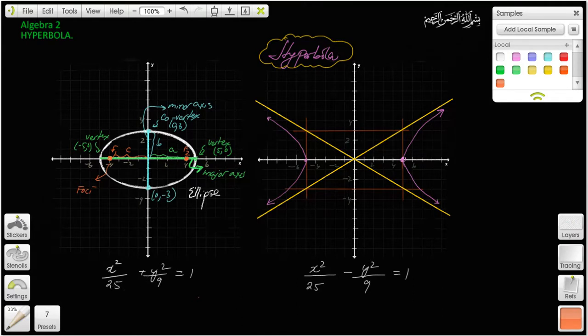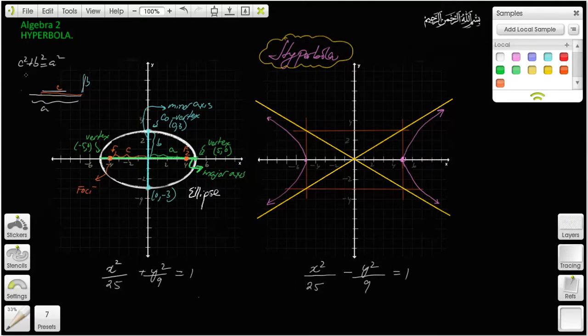Okay, now if you recall, the way I remember this was, okay, this is A, and the foci was somewhere here, so that was C, and then the B was over here. Okay, so A was the longest side, so the relationship was, okay, C squared plus B squared was A squared. Okay, so this plus this was this squared.